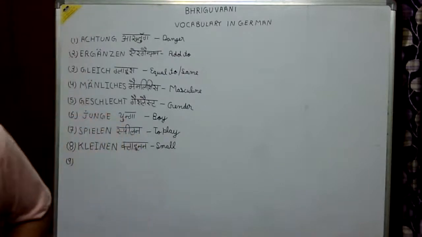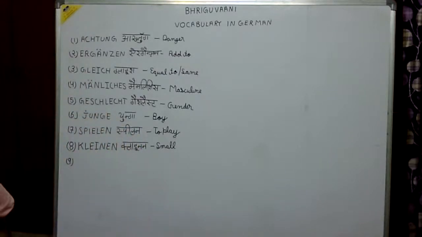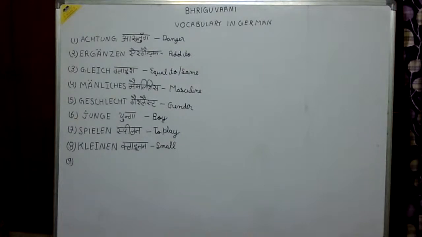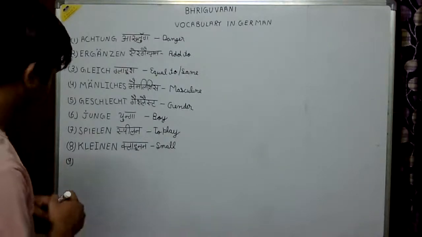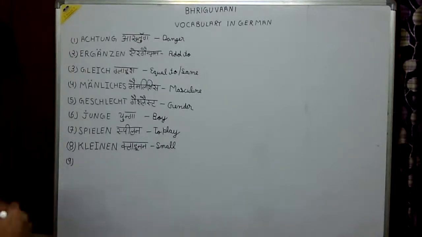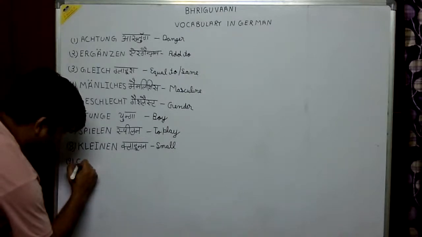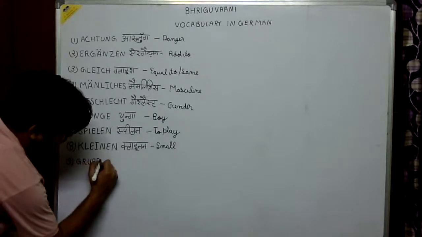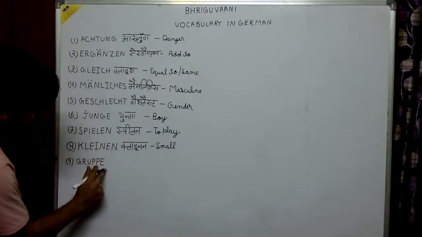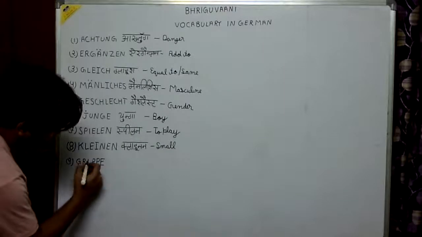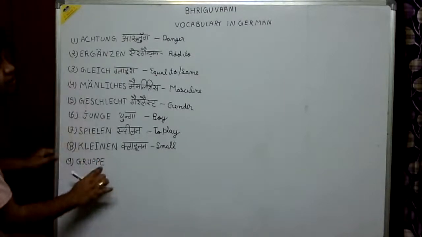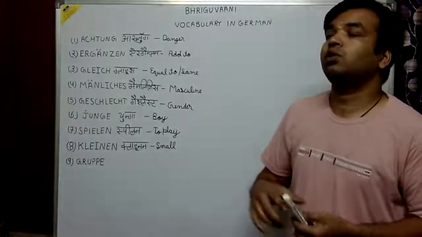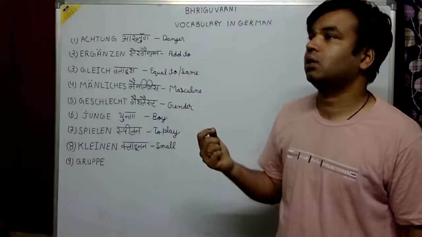The 9th word is Gruppe. Again, this is u in German. Don't pronounce the ending as a full Pa.